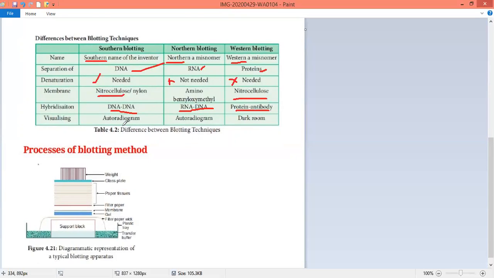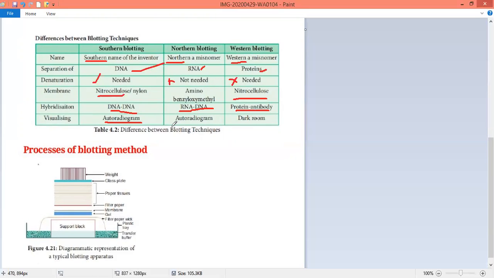And visualization. Visualization takes place with the help of a specific kind of device called autoradiography. Autoradiography is a photographic emulsion used for visualization of molecules labeled by radioactive elements. So it's just a photographic emulsion.